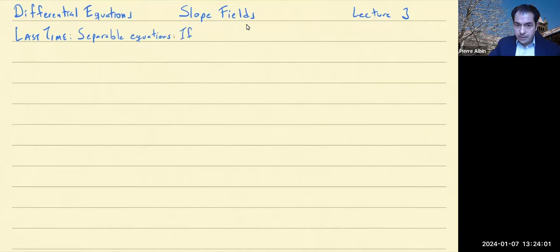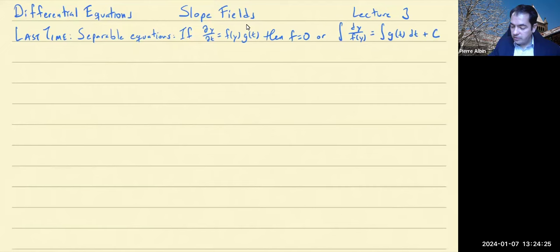Briefly, if dy/dt is equal to f of y times g of t, then either f is equal to 0 or the integral of dy divided by f of y is equal to the integral of g of t dt, and let's go ahead and put the plus c to emphasize it. Those are some of the simplest differential equations that you can just solve right away.